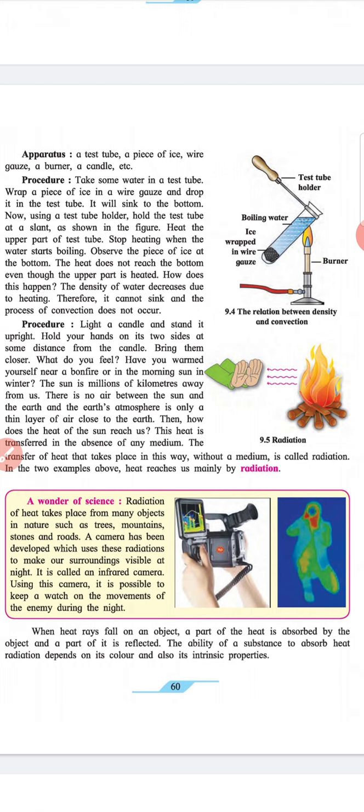Heat the upper part of the test tube. Stop heating when the water starts boiling. Observe the ice at the bottom. The heat does not reach the bottom even though the upper part is heated. How did this happen? The density of water decreased due to heating. Therefore, it cannot sink and the process of convection does not occur.